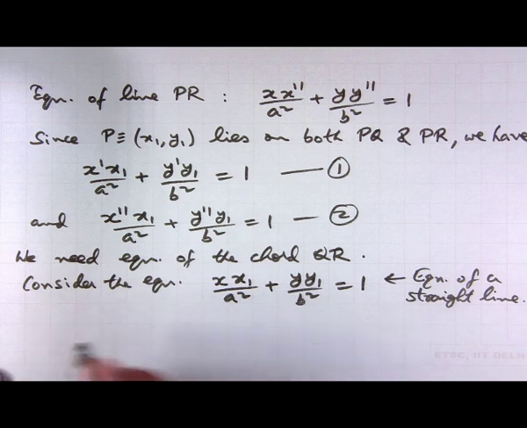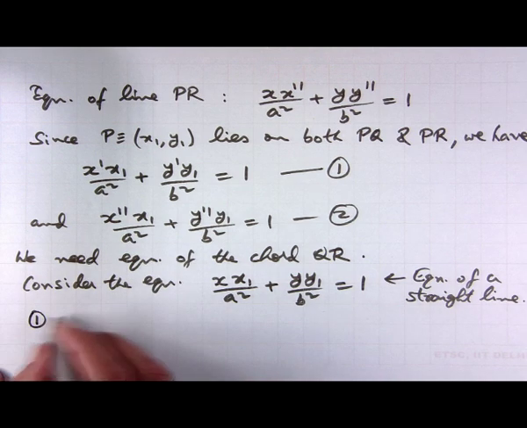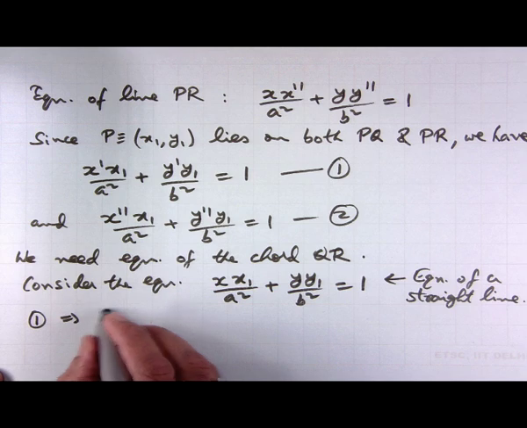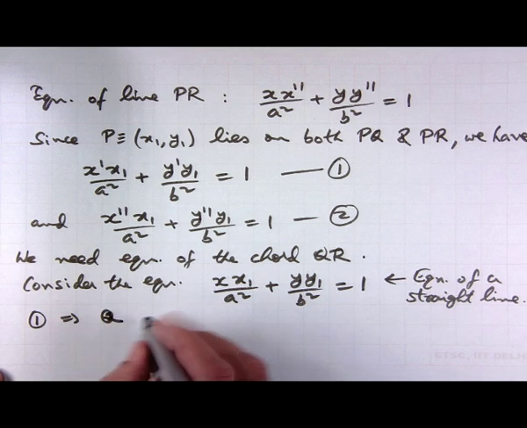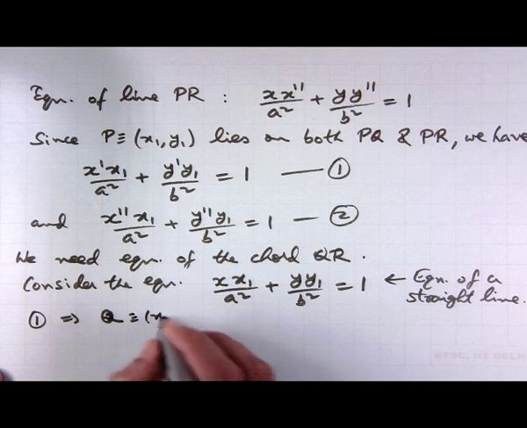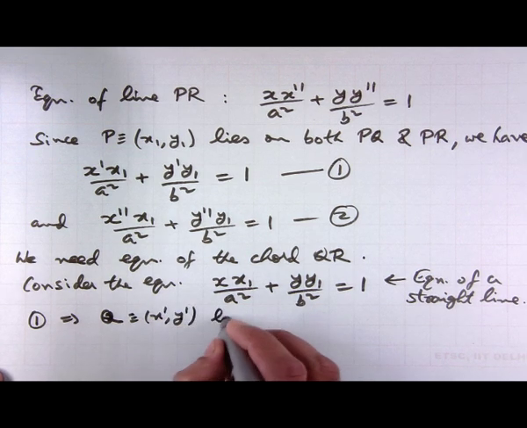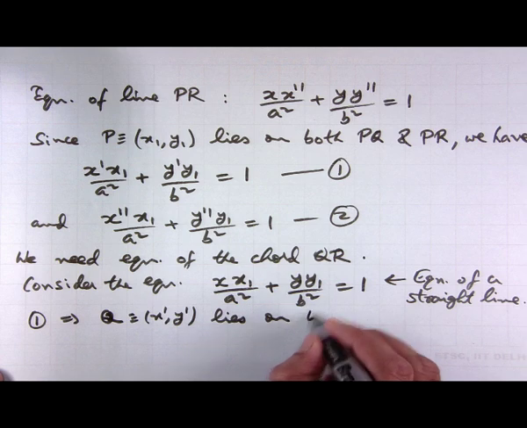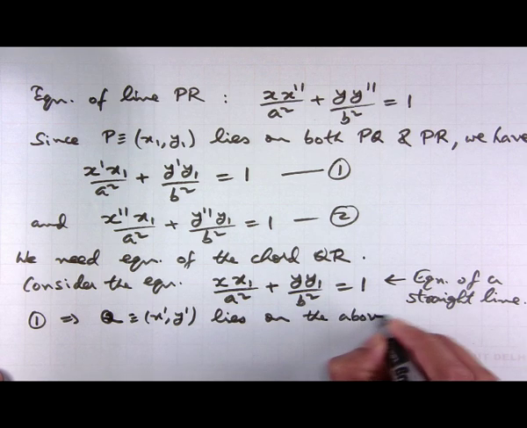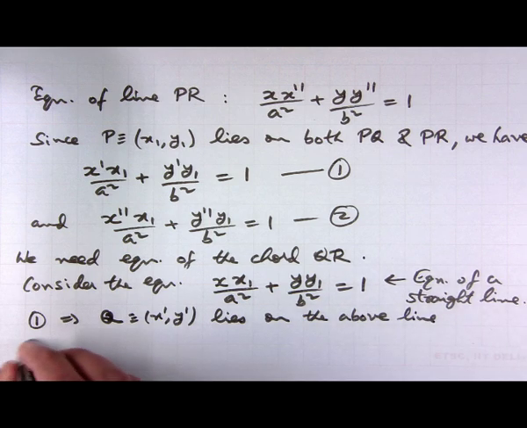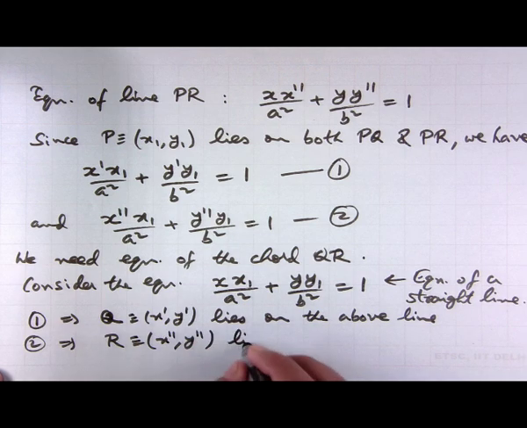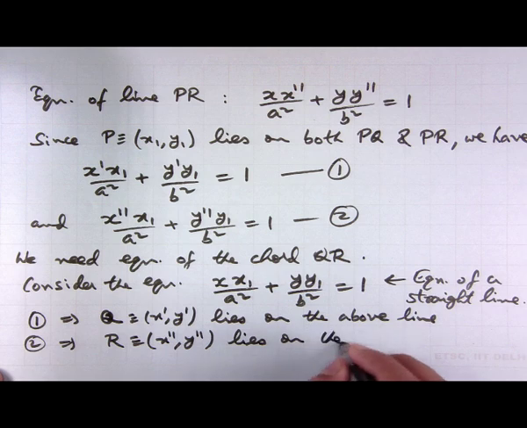Note that 1 implies the point Q, which is x dash y dash, lies on the above line, and 2 implies the point R, whose coordinates are x double dash y double dash, also lies on the same line.